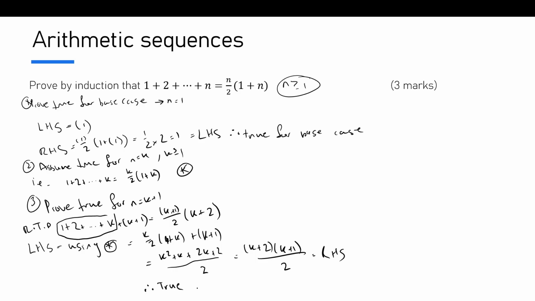Therefore, true by induction. So the key step here was to notice how we used this substitution here.